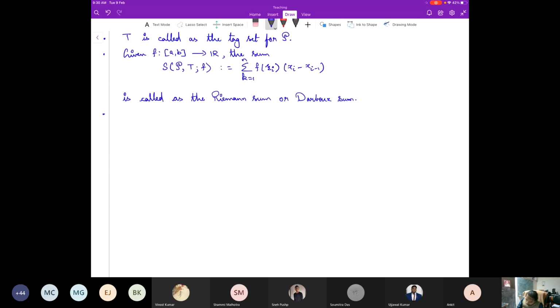And then the quantity, let me define what is known as mod P, which is the maximum of the lengths of the subintervals. Sir, for summation you are taking variable from k equal to 1 to n, inside the summation you are taking the suffix i.